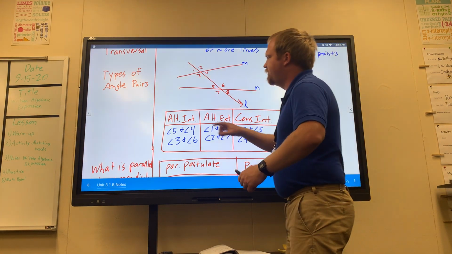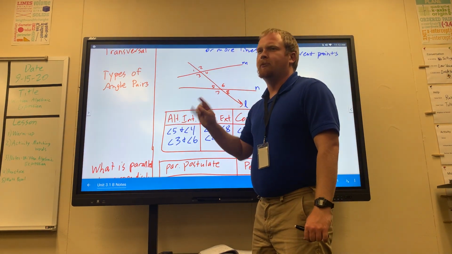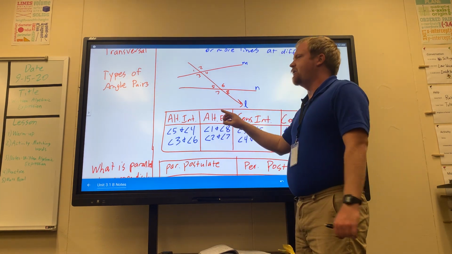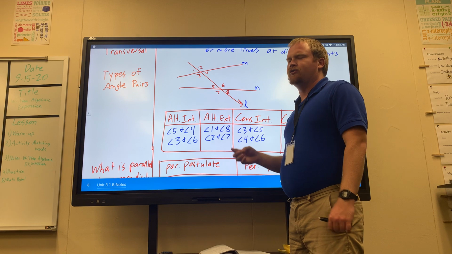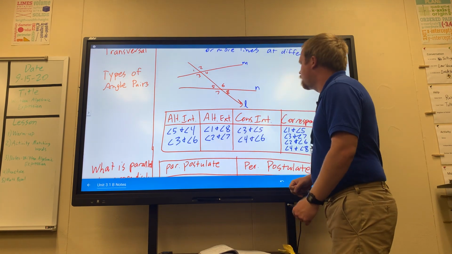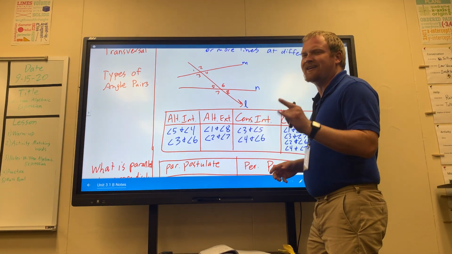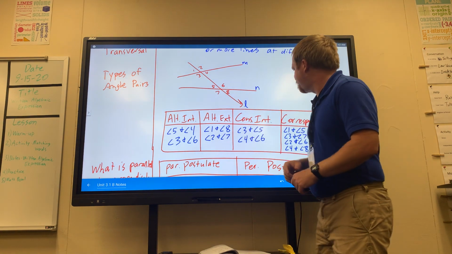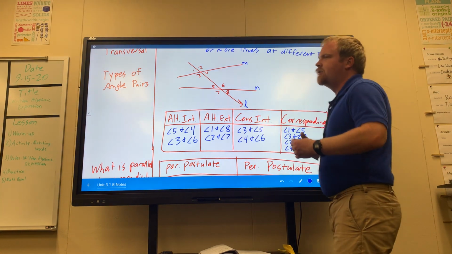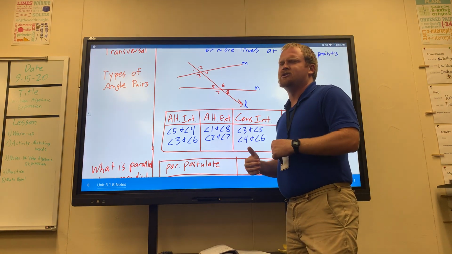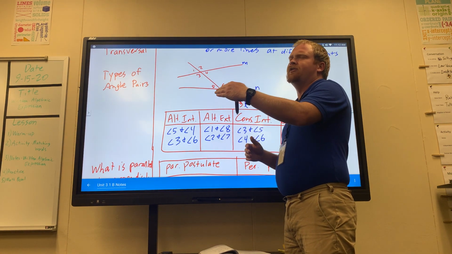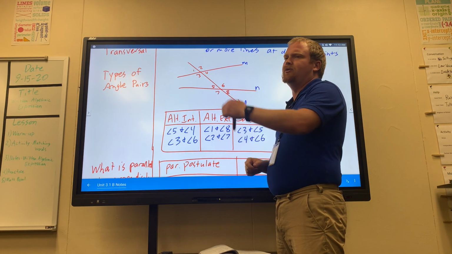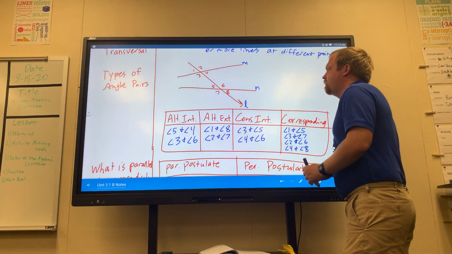Just remember, alternate interiors are opposite of the transversal, while inside. Alternate exterior are opposite from the transversal, but they are outside. Consecutive are right next to each other, but they're interior, so that makes it inside. And corresponding are the same general position. So if this angle on the top left, you're looking for the angle on the top left on the bottom one. So same general position.